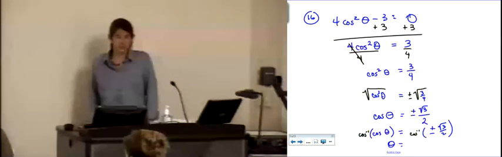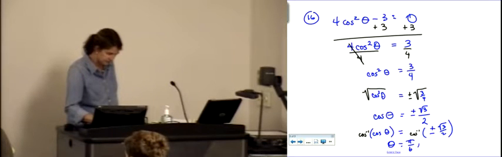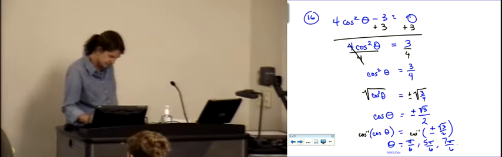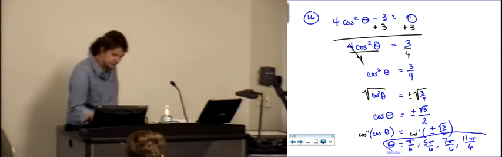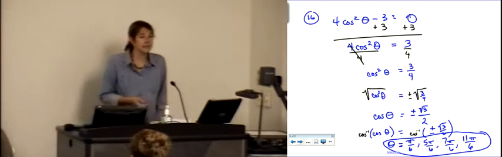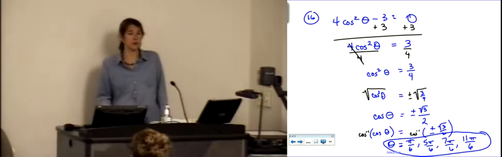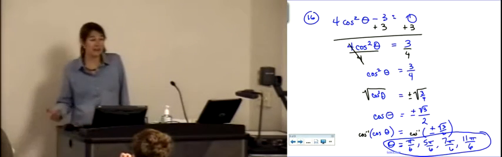What angles are those? Pi/6, 5 pi/6, 7 pi/6, and 11 pi/6. We actually get 4 answers here. There's not going to be any set number of answers on these trig equations. Sometimes you might get 1, you might get 4, you might get 2, you might get 3.